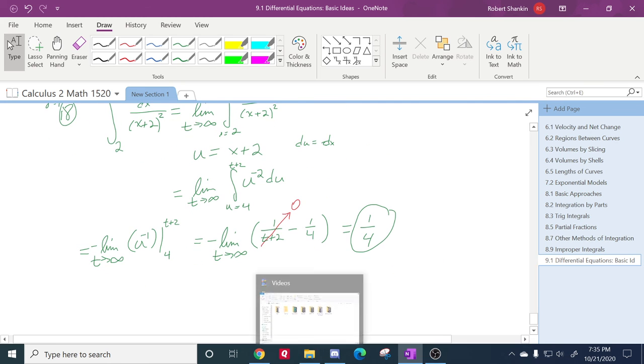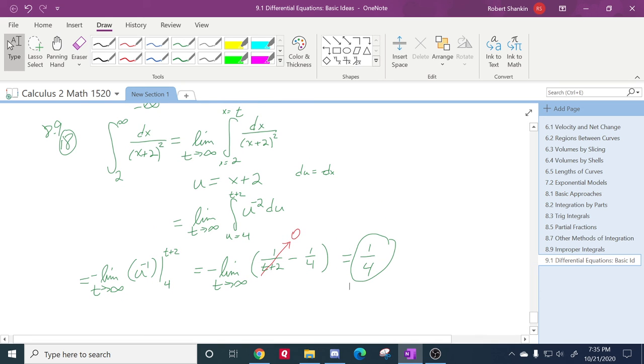I got a different answer. What did you get? I got 1. And what did you do different? Where did we part? I think instead of doing the u substitution, I just took the whole thing and raised it to a negative exponent, and then took the integral of that.